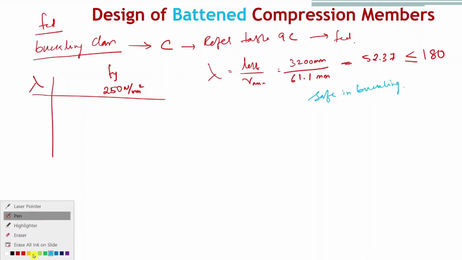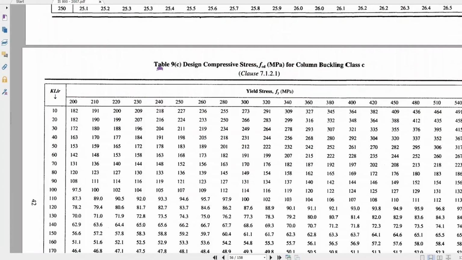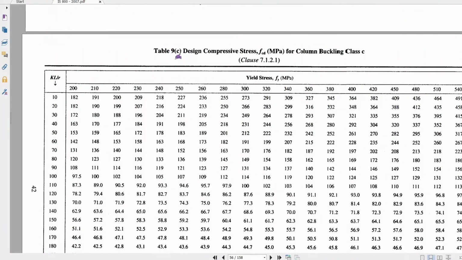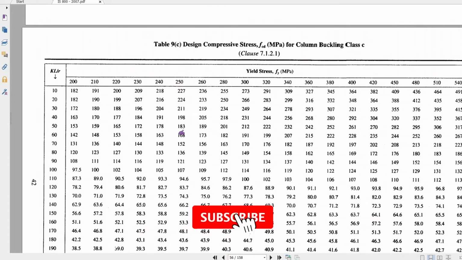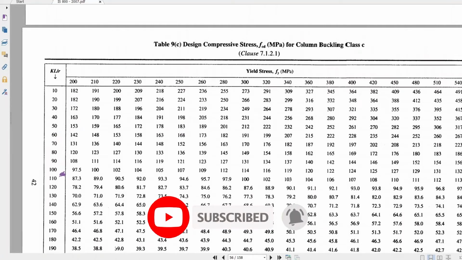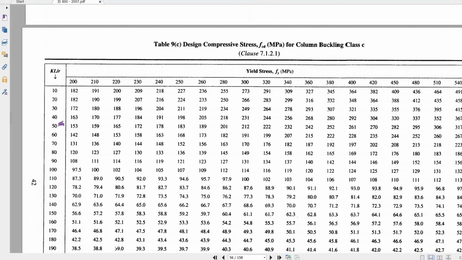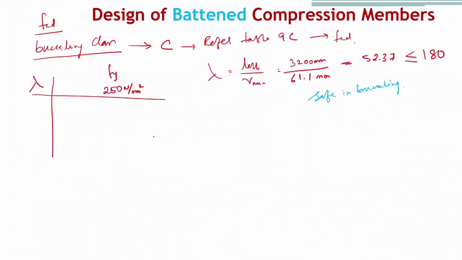Once we know the slenderness ratio, you need to refer IS 800 2007 table 9C. This is table 9C. In table 9C, yield stress of our material is 250. So for 250 and for the slenderness ratio of 50, the design compressive stress is 183. And for slenderness ratio of 60, the design compressive stress is 168. So let me note down these values here. For slenderness value of 50, the design compressive stress is 183.